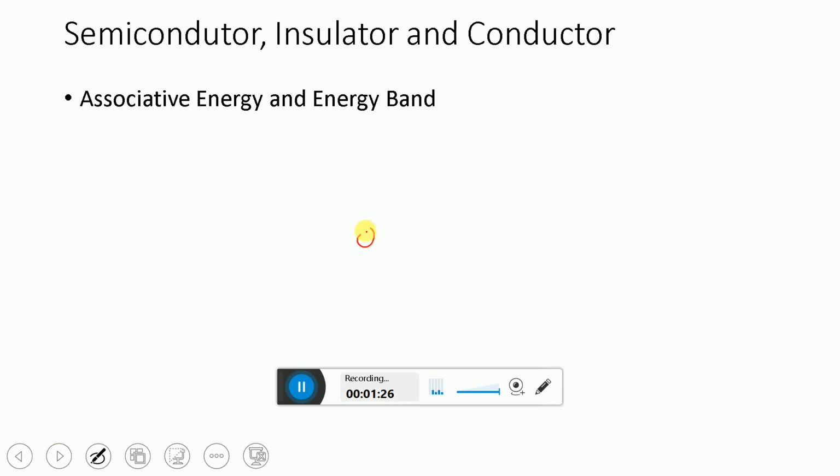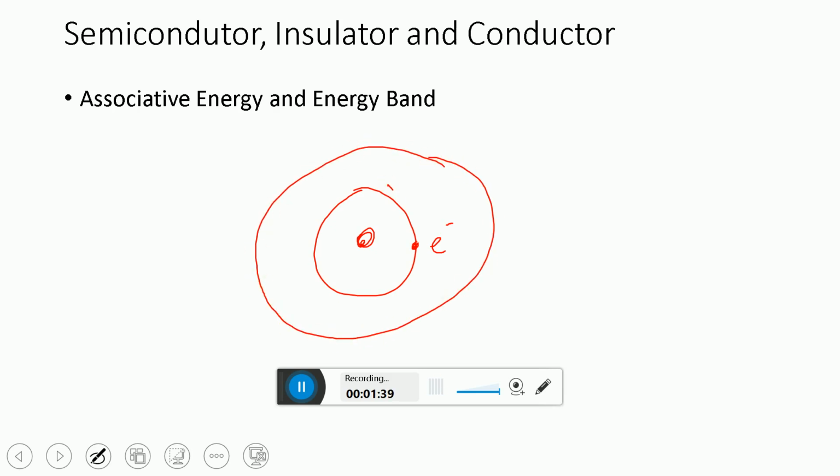Now consider the electron which is present in the first shell. Now consider the second shell; this electron is present in the second shell. For simplicity, let us assume that E1 is at shell 1 and E2 is at shell 2.